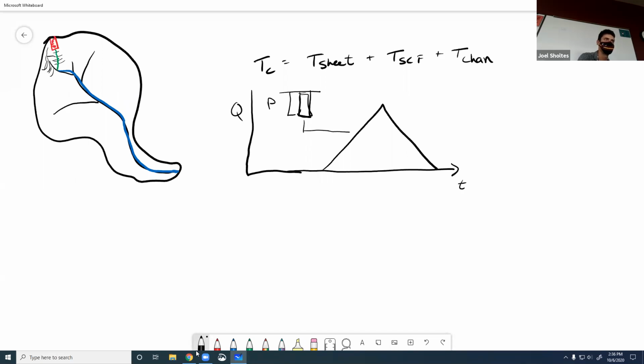And we want to know how long it takes to get from the centroid of that rainfall to our peak, which is our lag time. Well, we can say that our lag time is equal to 0.6 times the time of concentration. A big estimate, but it's what we use.